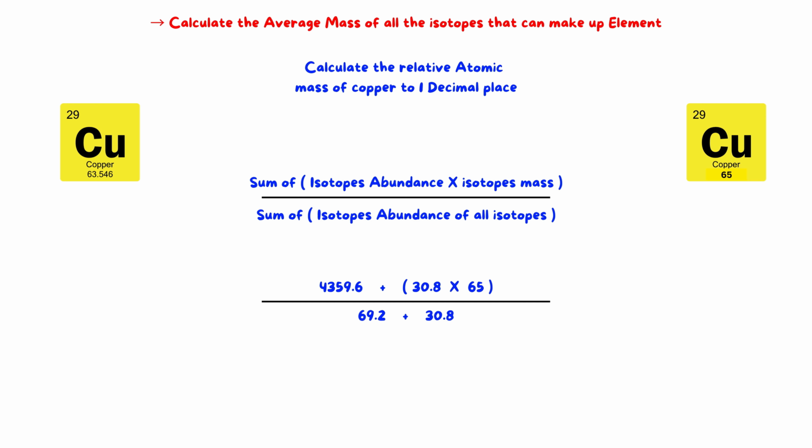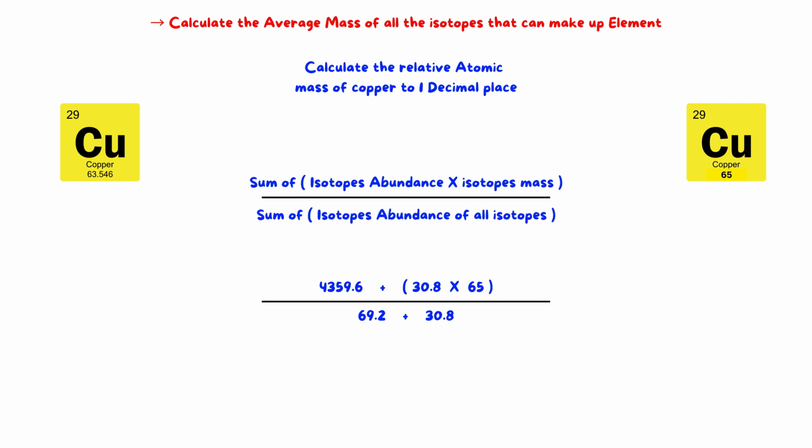One is copper-63, which has a relative abundance of 69.2%, and the other is copper-65, which has a relative abundance of 30.8%. When we talk about abundance, we mean what percentage of atoms in a typical sample of copper are of a particular isotope. So if you picked up a chunk of copper, about 69.2% of the atoms in it would be copper-63, and about 30.8% would be copper-65.